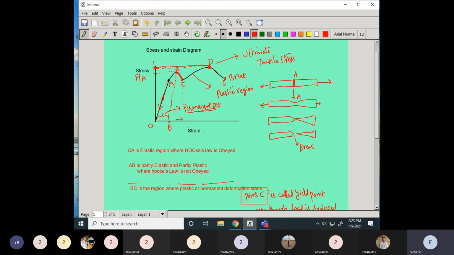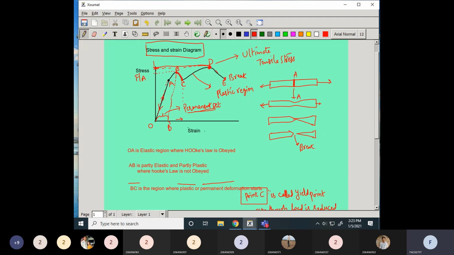So this is what you can expect from this concept, the stress strain diagram. Here you take a particular material. How much force you can apply, up to what region the material exhibits the elastic property, and where the permanent deformation is occurring.